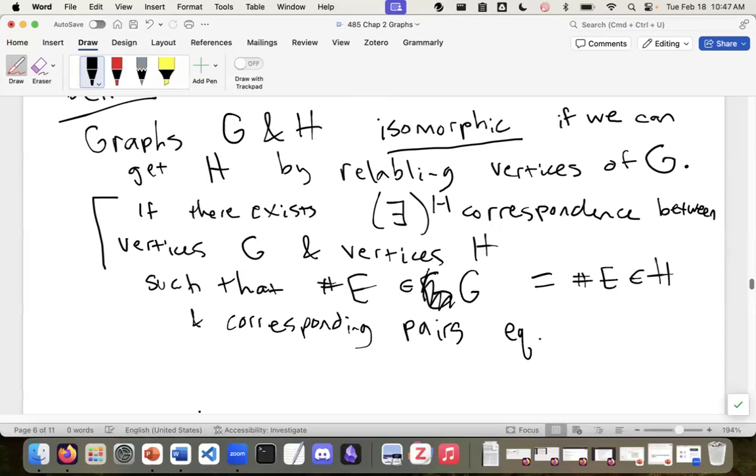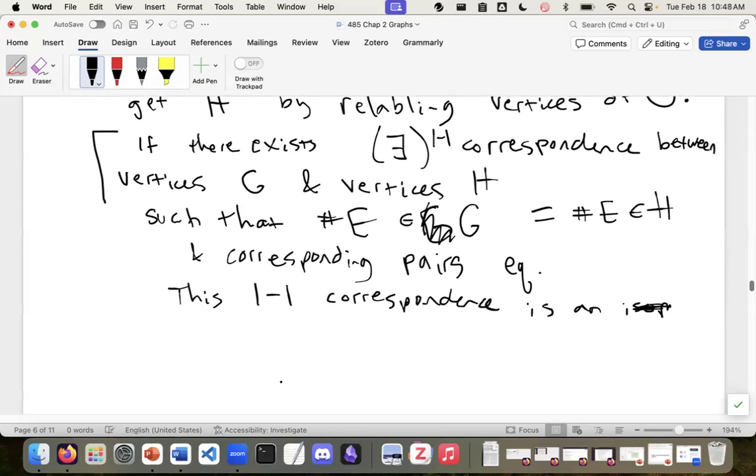And so once we find that correspondence, we say this one-to-one correspondence is an, I'm not gonna have enough room, isomorphism.